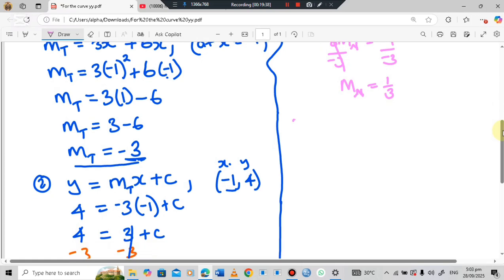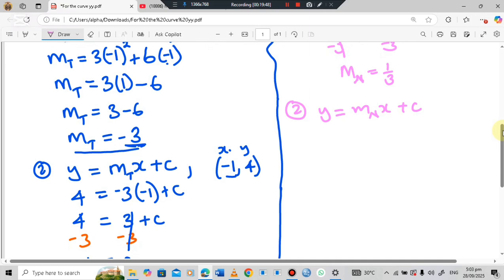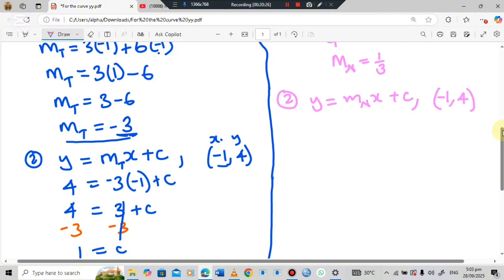So the second step, we also use the equation y is equal to mn x plus c. All right. So our aim is to find the value of c. In other words, the y intercept, which is the point at which the graph is going to cross the y axis. And remember, we are still at the point (-1,4). So here you can see that this is x and this is y.